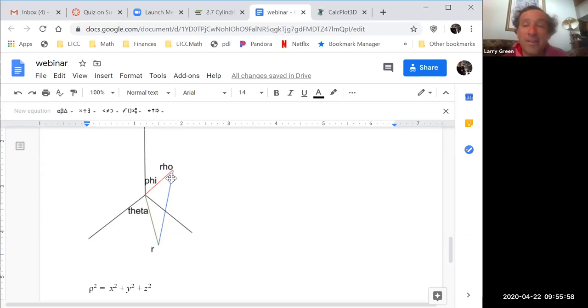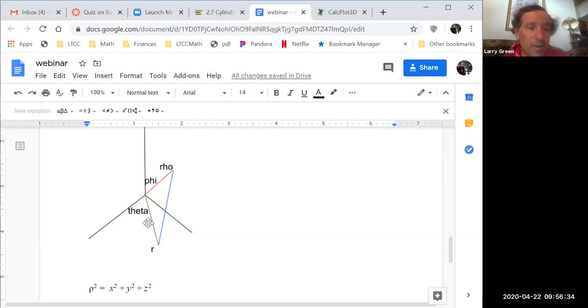So now I can use basic trigonometry. If we have this angle, then rho is the opposite. I'm sorry, is the hypotenuse. It may not look like the longest, but it is. Everything's weird perspective-wise. So this red is the hypotenuse, and that's rho, whereas r is the opposite. Is that clear?